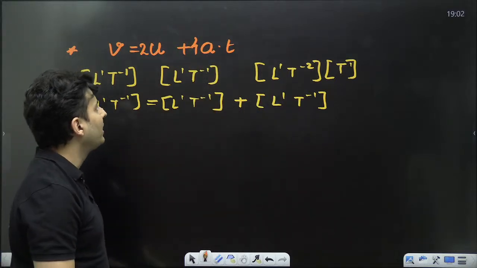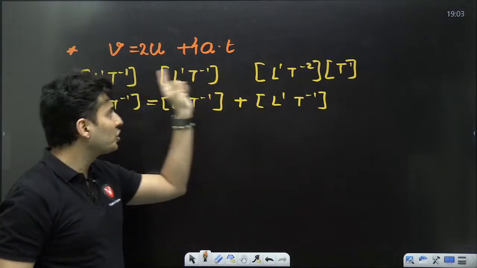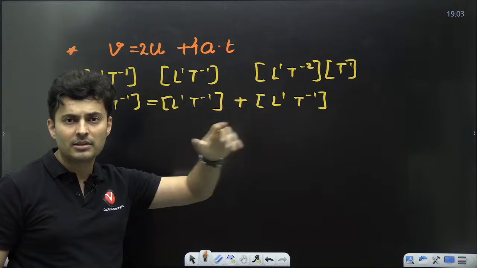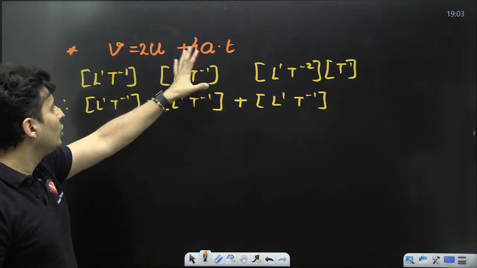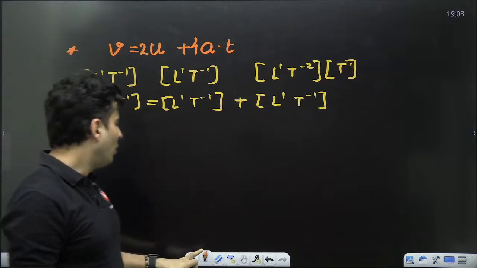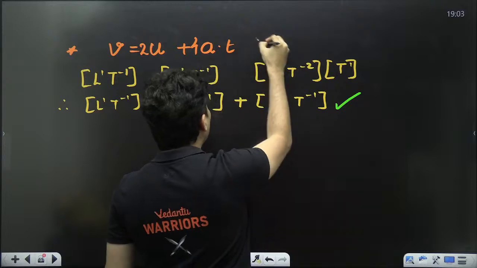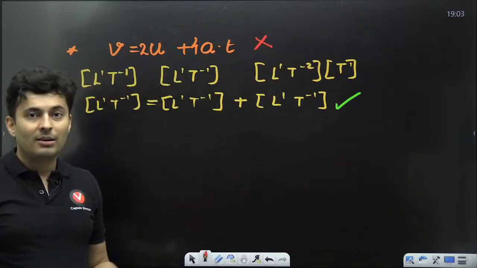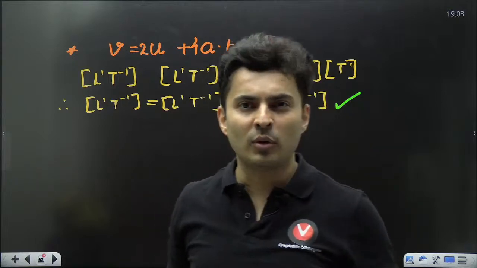Then also this equation will remain the same because 2 and 4 are dimensionless entities. Then you will think, sir, but V is not 2U plus 480. Although dimension wise this is matching, equation wise this is wrong. Equation wise V is U plus 80. It is not 2U plus 480.